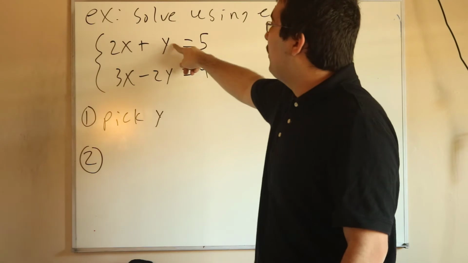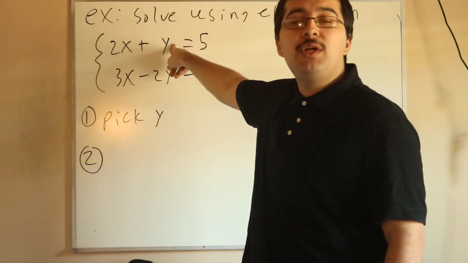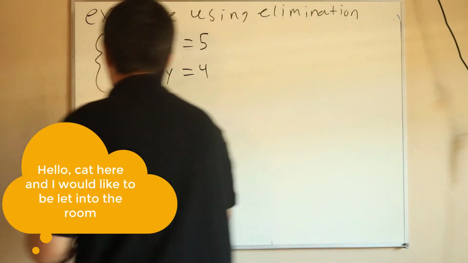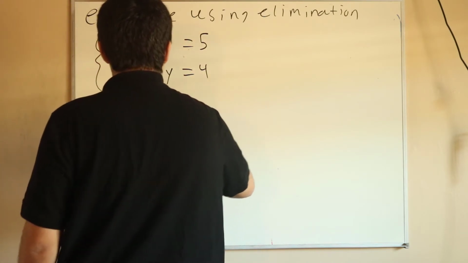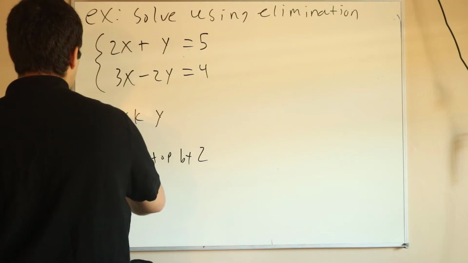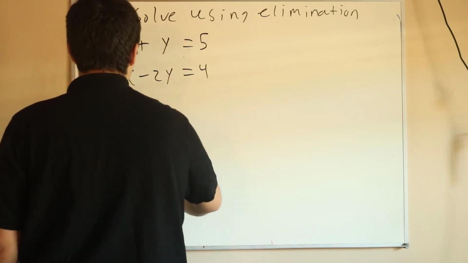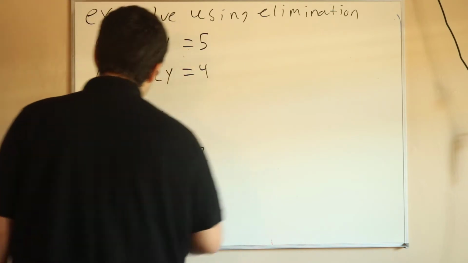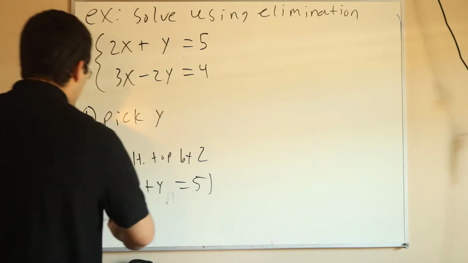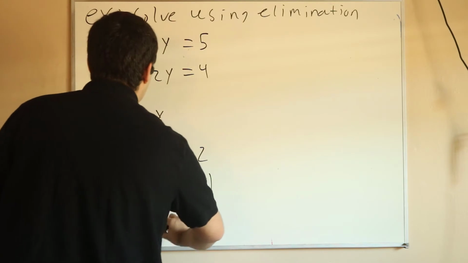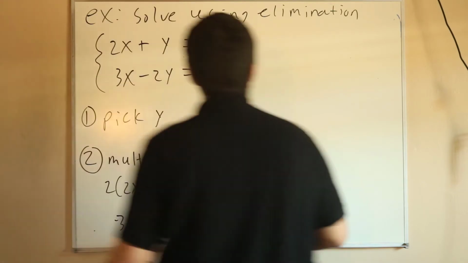In essence, all I need to do is multiply this top equation by 2. So I have 2 times 2x plus y equals 5, and oopsies, that's also being multiplied by 2. And I still have 3x minus 2y equals 4.